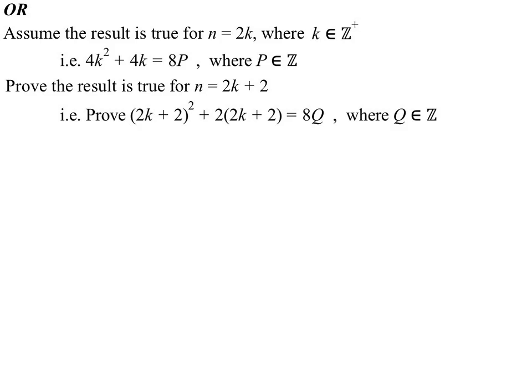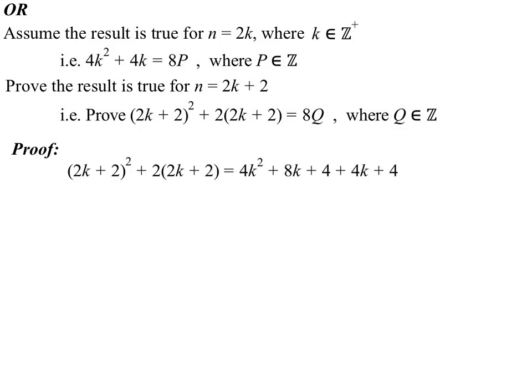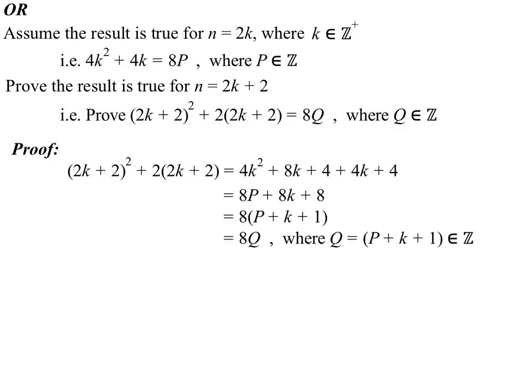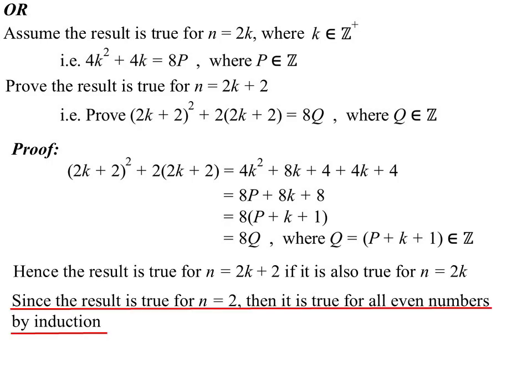And so that's what I now want to prove. And let's prove that one. Expand that out. Again, here we go. I've got the 4k squared and I've got the 4k there. That becomes 8p, but this time 8 comes out very nicely as a factor. It doesn't really matter which way you go, but okay.